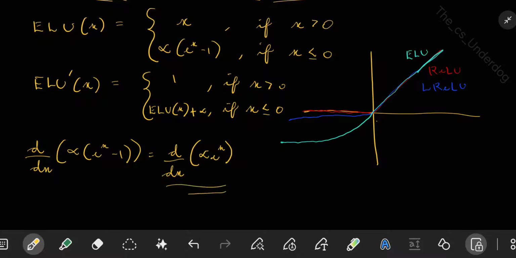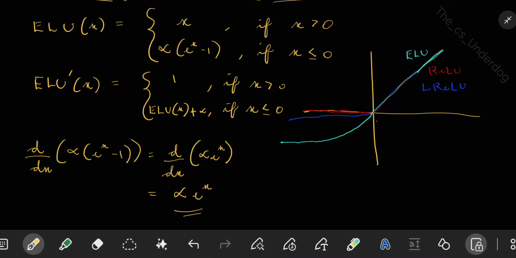What remains? Derivative of alpha into e power x. So this time you can write it as alpha into d by dx, derivative of e power x. What is the derivative of e power x? It is e power x itself, which means instead of this, you can write e power x. So the derivative is alpha into e power x.